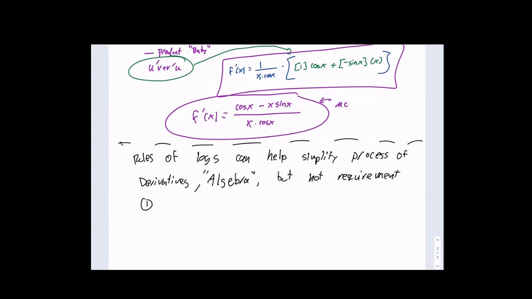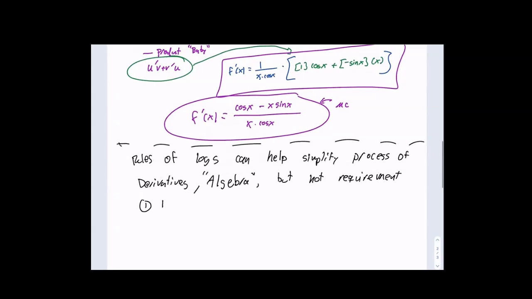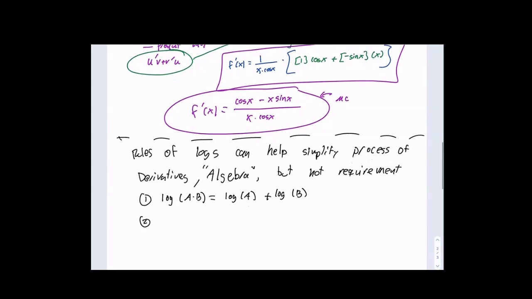The first rule says that the natural log of a times b is equal to the log of a plus the log of b. The second rule is that the log of a over b is equal to the log of a minus the log of b. Most people get these rules wrong anyways, but I'm going to write them at least.